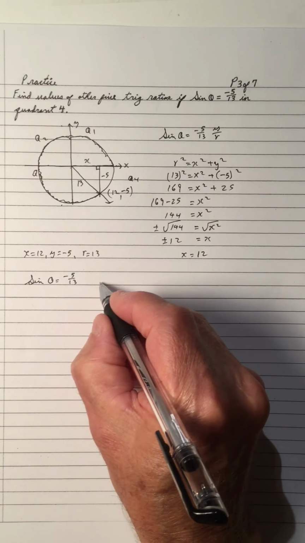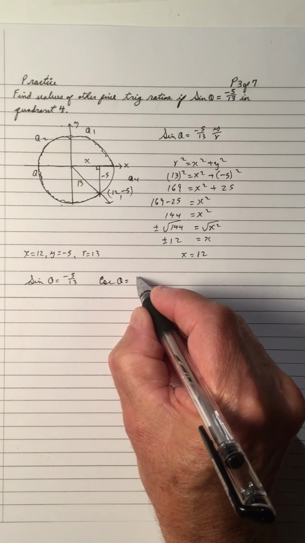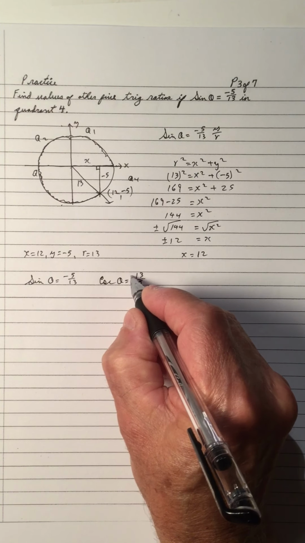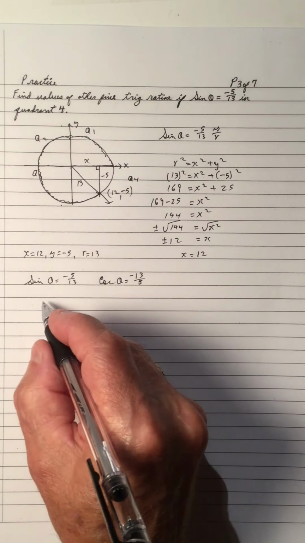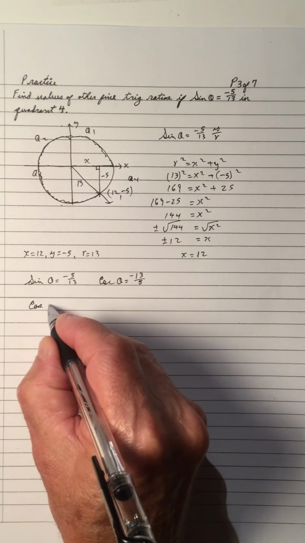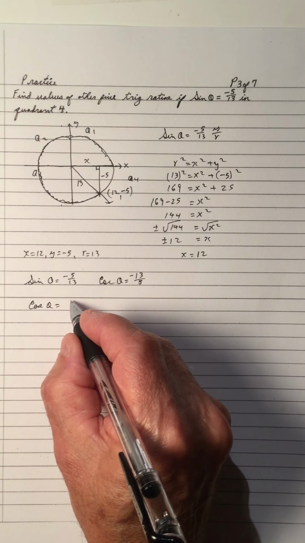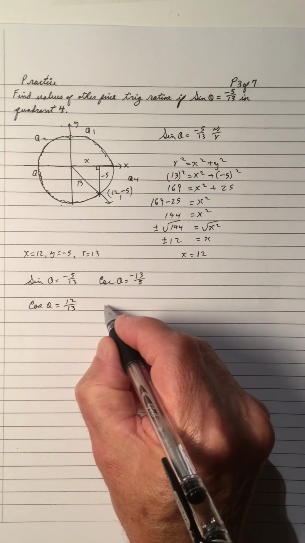So the reciprocal of sine is cosecant, which is, again, 13 over 5, but the fraction is negative, the negative never goes on the bottom. So we'll do cos. The cos is the x over the r, and the x is 12 over the radius, which is 13.